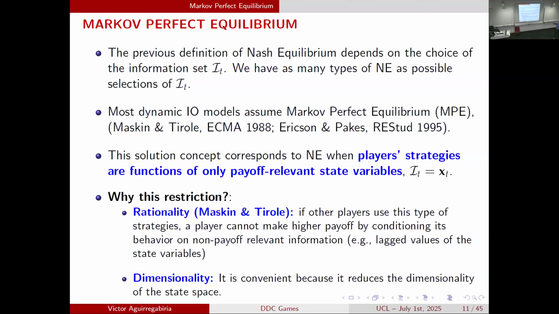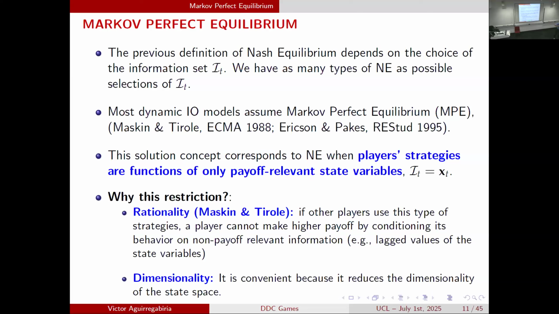Suppose that before this dynamic game, there was also a choice of the calligraphic I, okay? What Maskin and Tirole show is that if the rest of the players are playing strategies that depend on payoff relevant variables, there is not any benefit for you to condition on information that is not payoff relevant, okay?